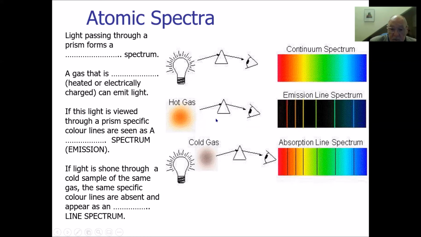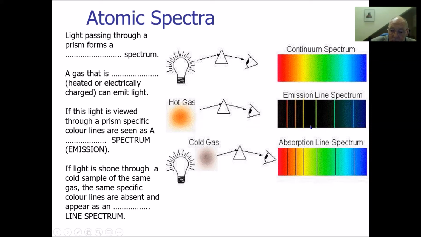Now, another interesting phenomenon: if you take that same gas, but instead of energizing it and making it hot, you shine the light from an incandescent bulb through that gas, and then take the light that emerges from the gas and put it through a prism, what you now see is a combination of these two spectra. You get the continuous spectrum, but with the lines from the line emission spectrum missing.